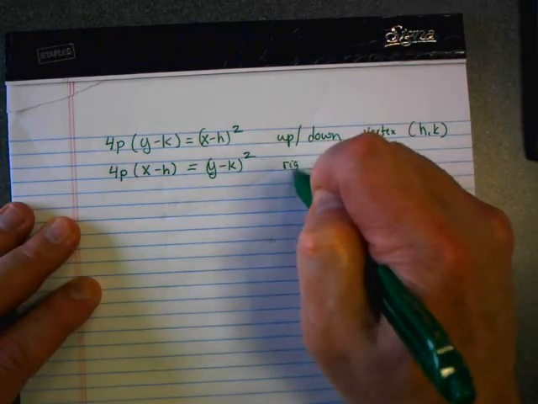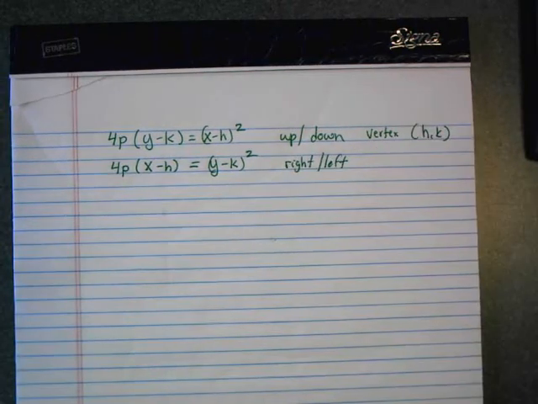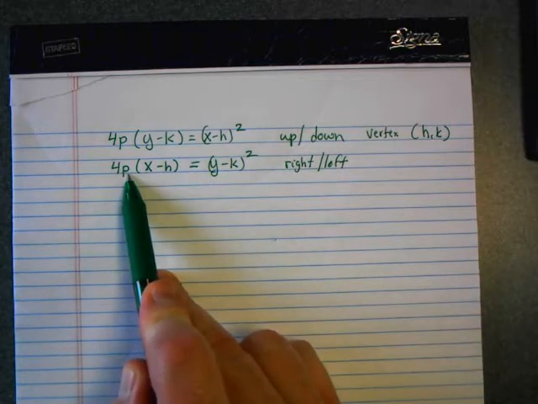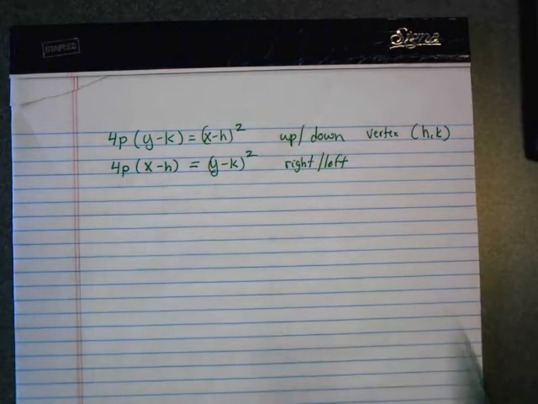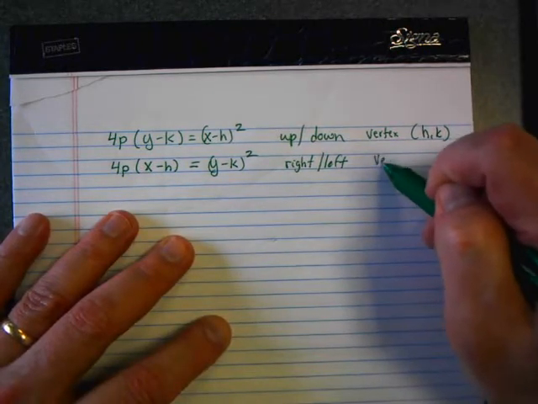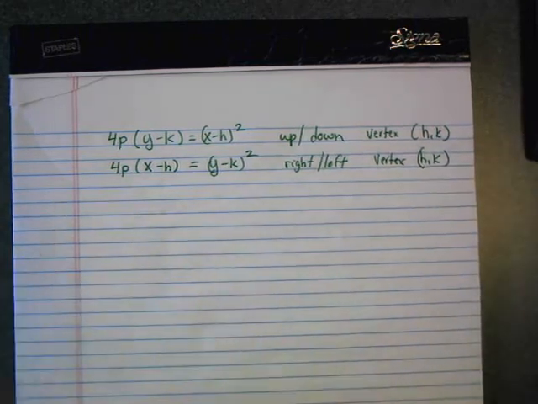This one goes right or left. When does it go to the right? When p is positive. And when does it go to the left? When p is negative. Up and down, left and right, same idea. And this one still has a vertex of h comma k.